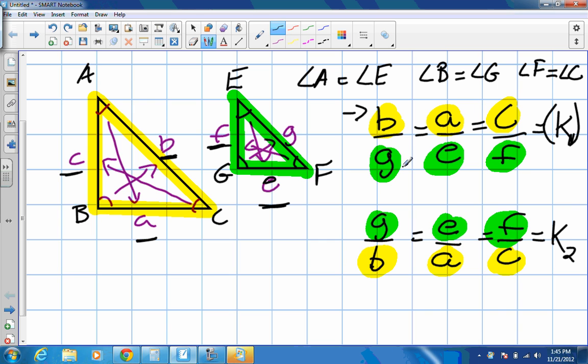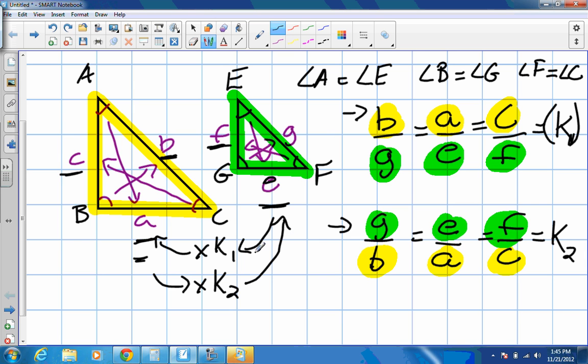So when we put the larger triangle on top, it gives us a value that I can take E and multiply by this scale factor to get side A. And if I do the smaller triangle on top, I can take the value of A and multiply it by the scale factor, we're calling it K2, to get the value of E. I know this is confusing, but once we use some numbers, it's going to make a lot more sense.